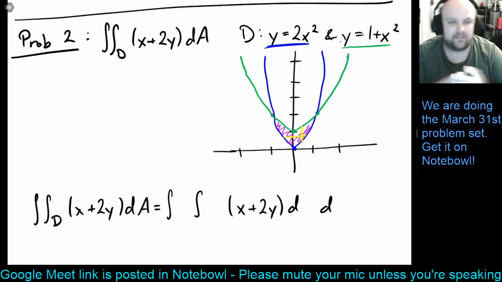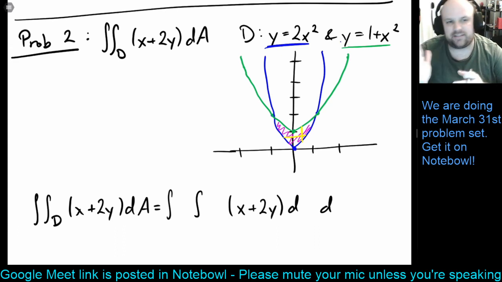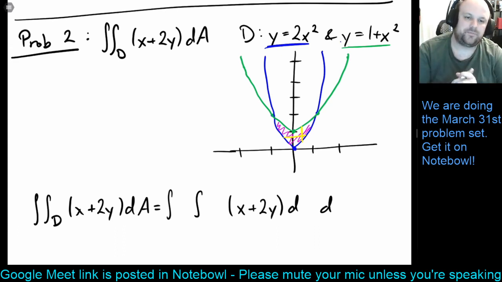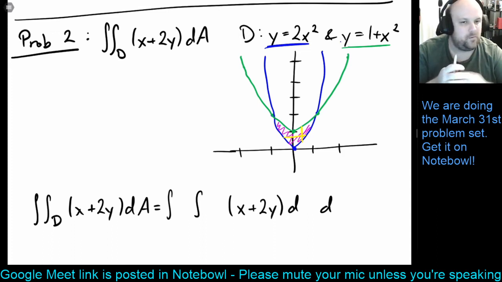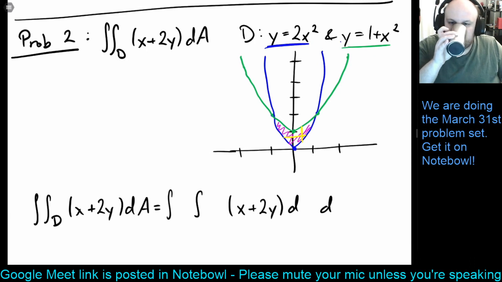So is this region more easily described by saying what the top and the bottom are, or what the left side and the right side are? Would it be bottom and top? Yeah, exactly. It'd be bottom to top here.